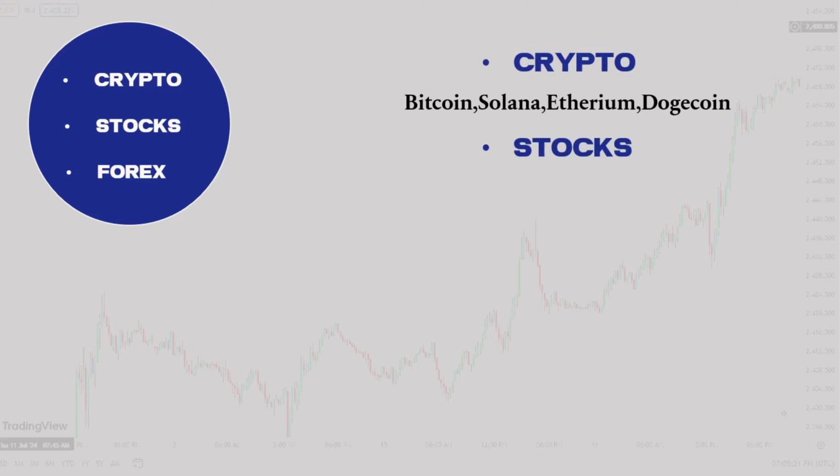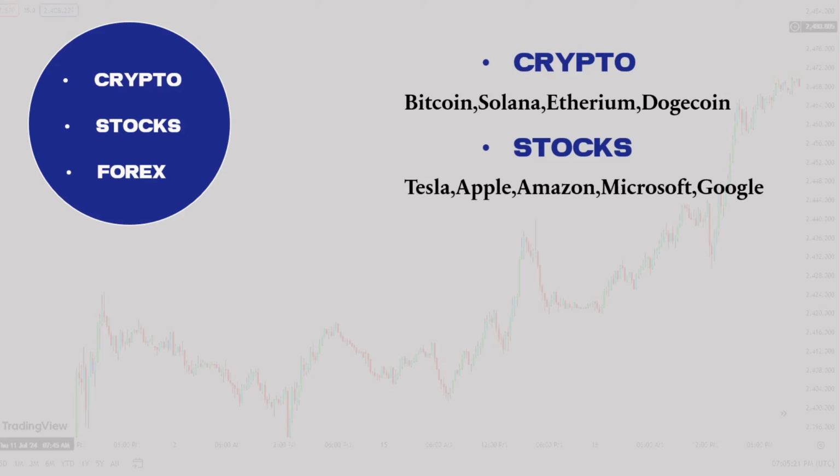So when it comes to crypto, I know you've heard of Bitcoin, you've heard of Solana, you've heard of Dogecoin. Those are all part of crypto, and those are assets that you can trade on a daily basis for a short period of time to gain profit.